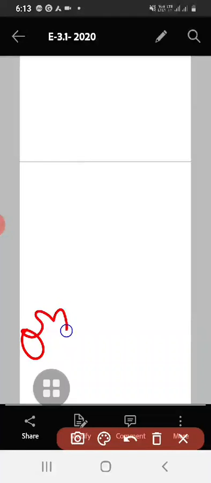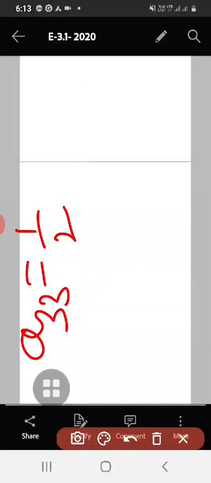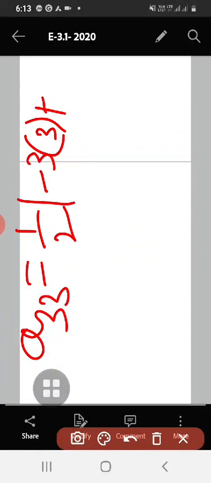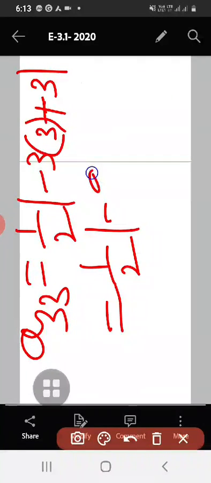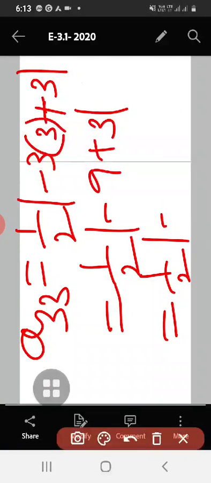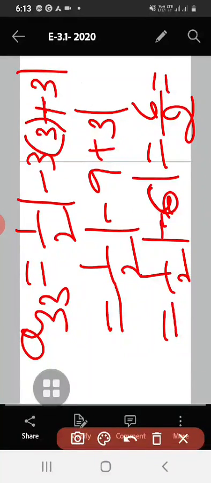Then we can consider the next element, a33. This is half into minus 3i, I means 3, plus j means 3. Half into minus 9 plus 3, half into minus 6. Mod of minus 6 is 6, so 6 by 2 will be 3.